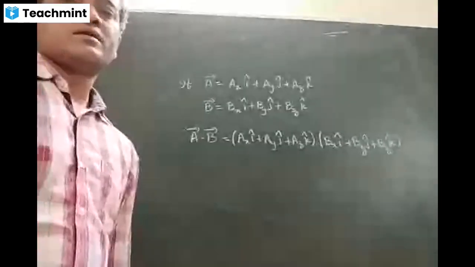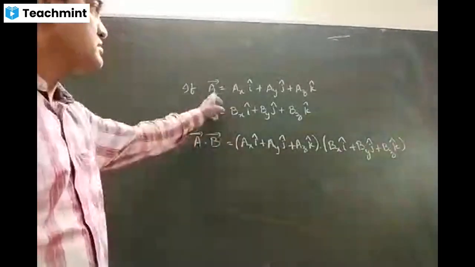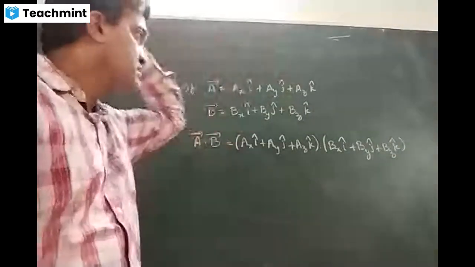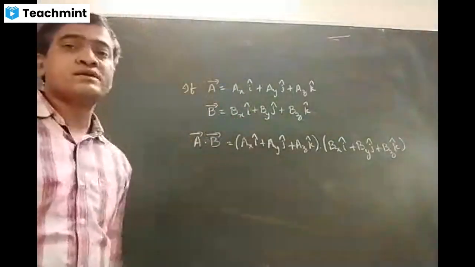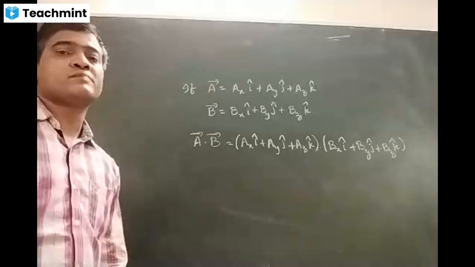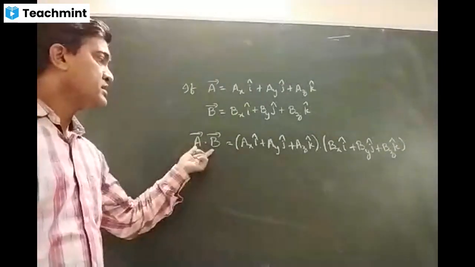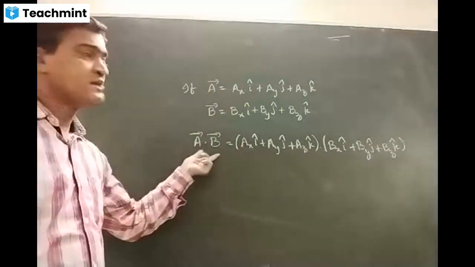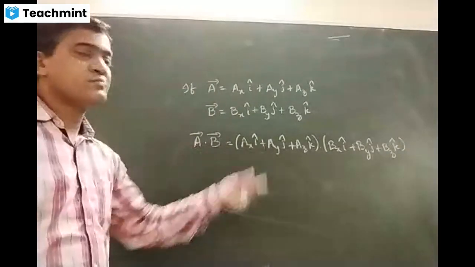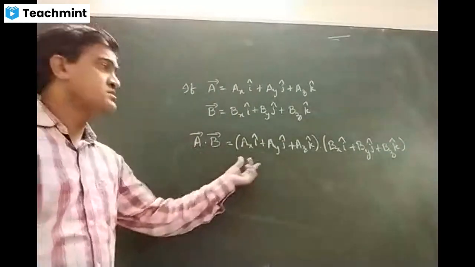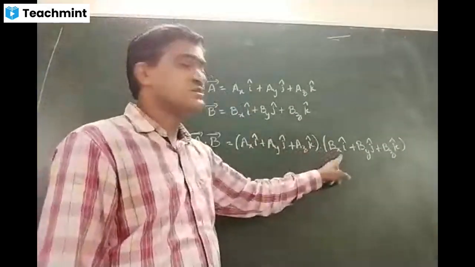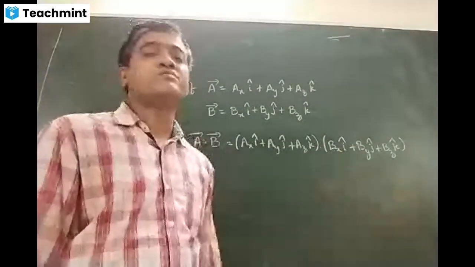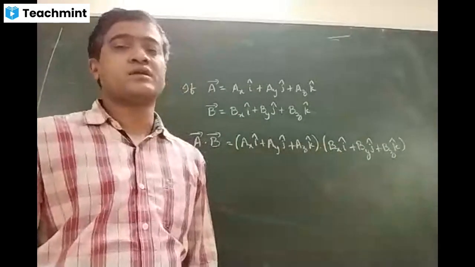Yes, sir. Then A bar dot B bar can be written as AX I cap plus AY J cap plus AZ K cap, this is A bar, dot B bar, which is BX I cap plus BY J cap plus BZ K cap.